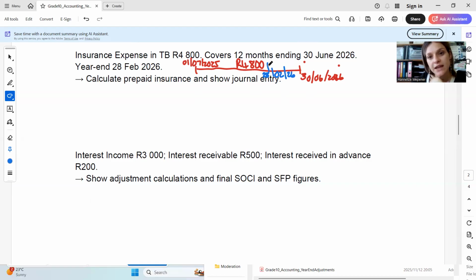So in other words, whatever I paid for after my current financial year end is considered a prepaid expense. It's a prepayment. So I cannot have that in my insurance expense account because it's not an expense for the current financial year.